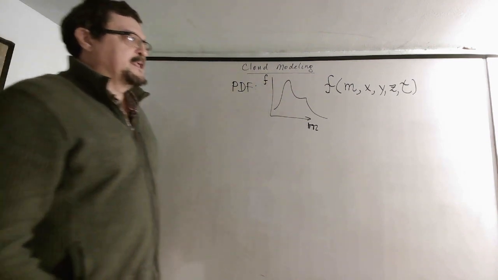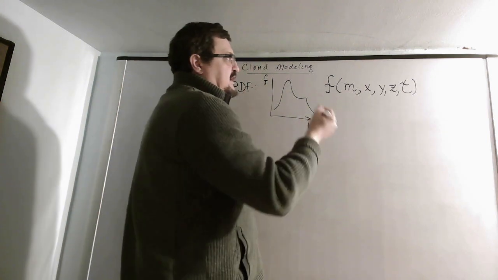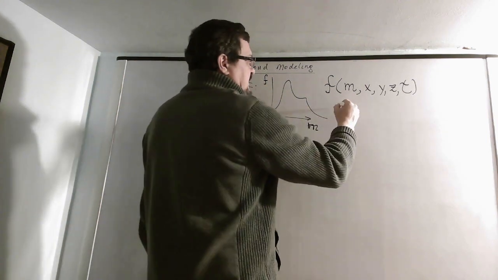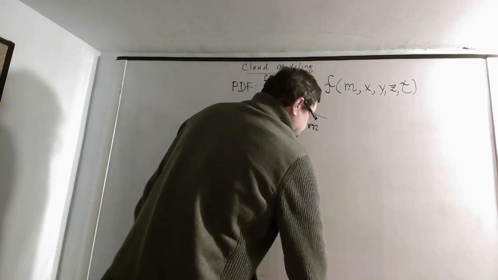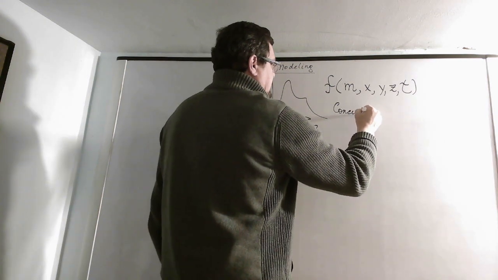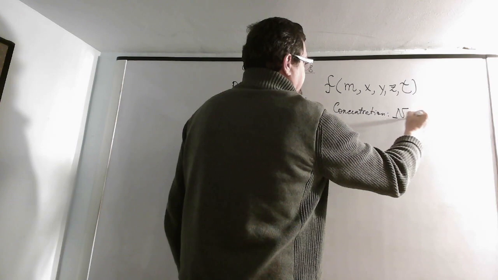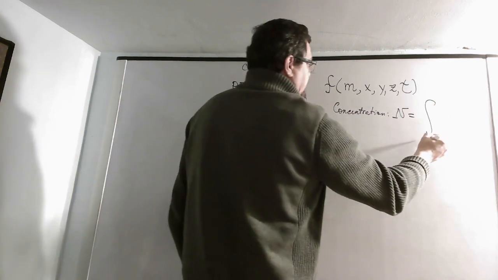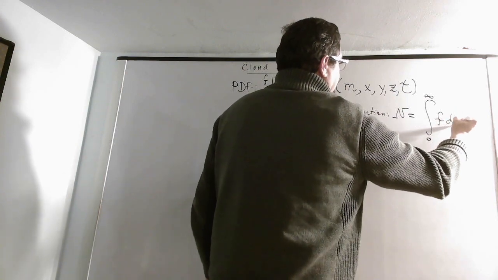distribution function, and this distribution function is defined such that, as long as you know it, you can compute the concentration of particles. Concentration is defined as the total integral from 0 to infinity of this F over all masses.